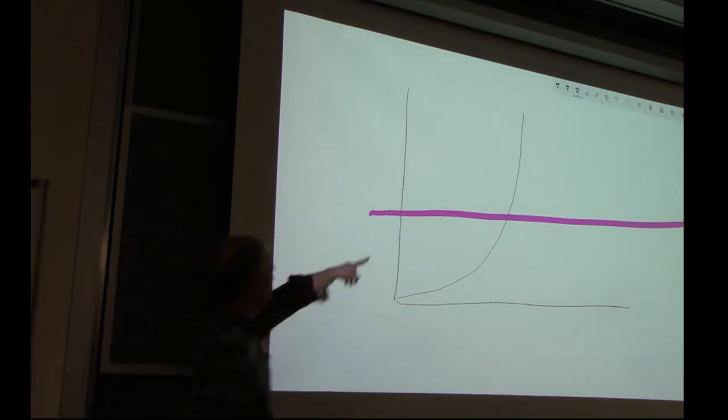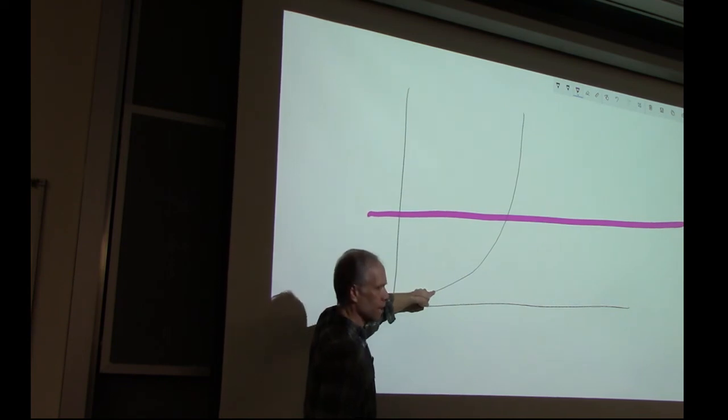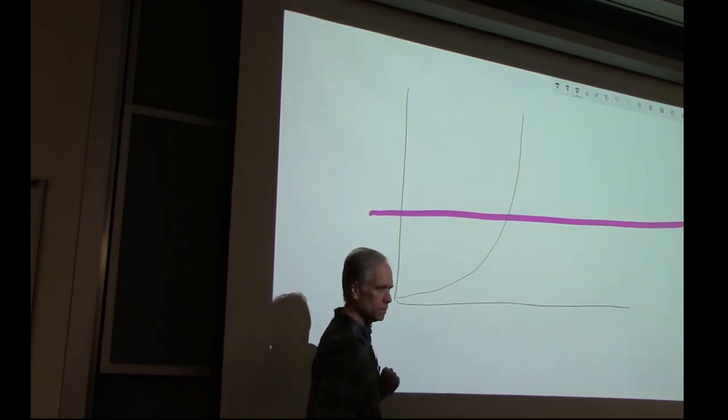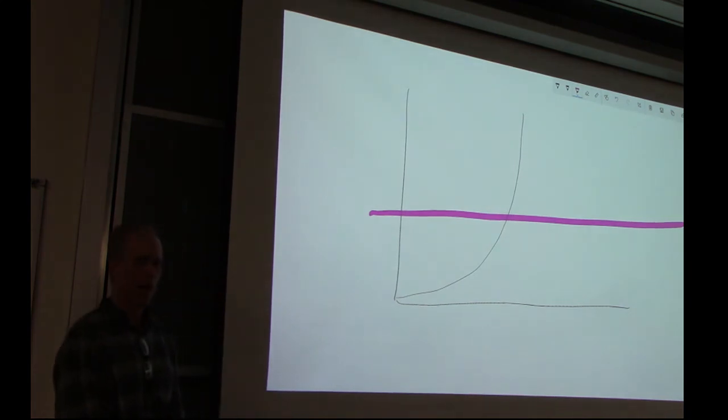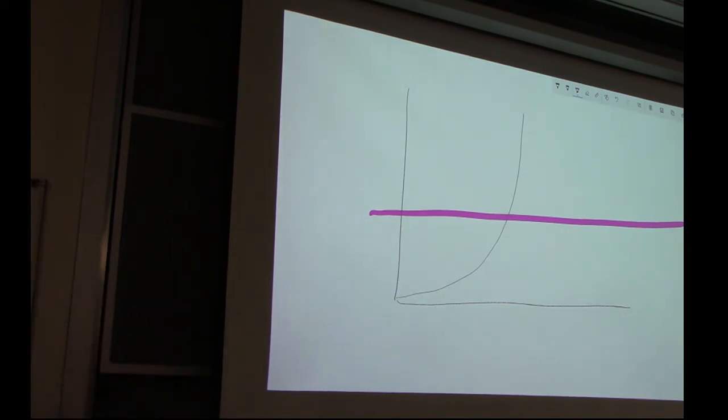We want to show that this guy is O of this guy. How do we do that? I mean, what does the definition say? If you use that definition to prove it, how do you do it? Let's suppose this is 1, and up here is 100.